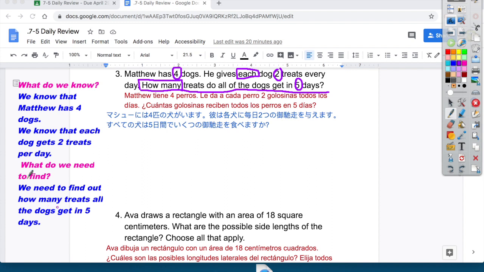So what do we know? We know that Matthew has 4 dogs. So Matthew has 4 dogs. And each dog will get 2 treats.